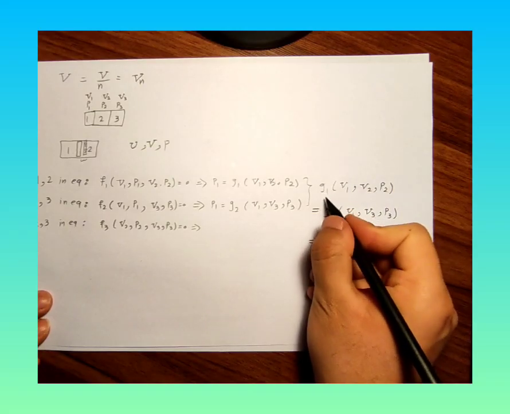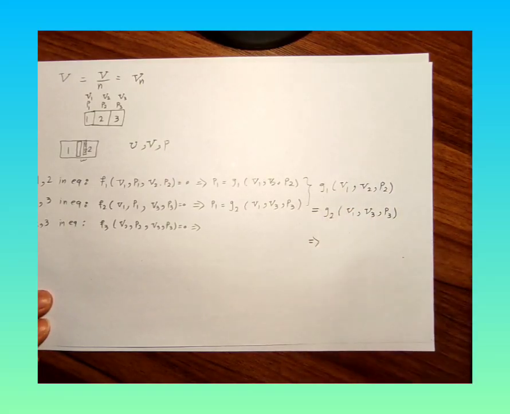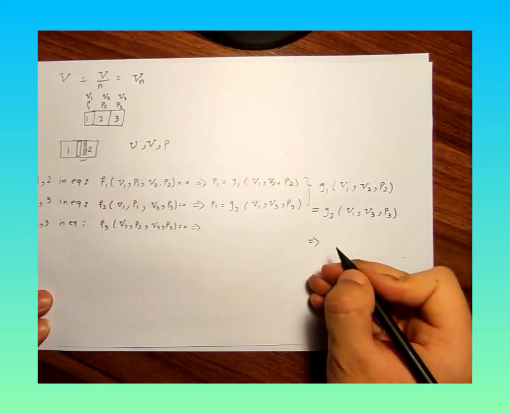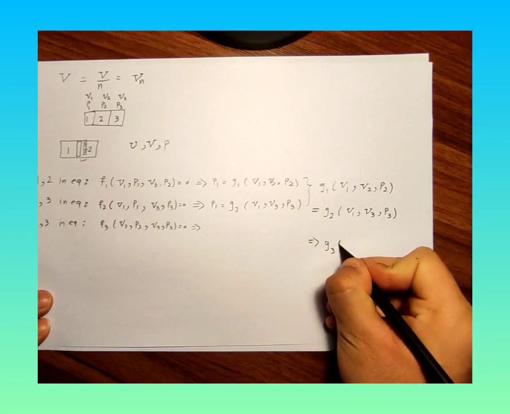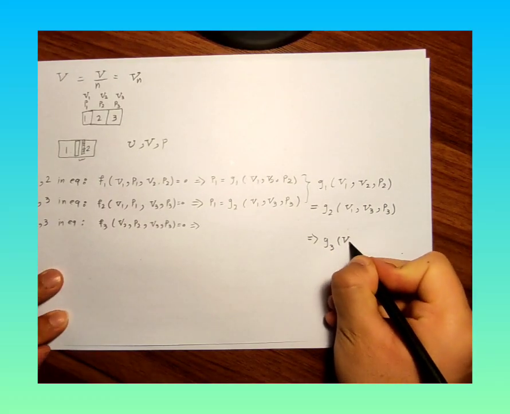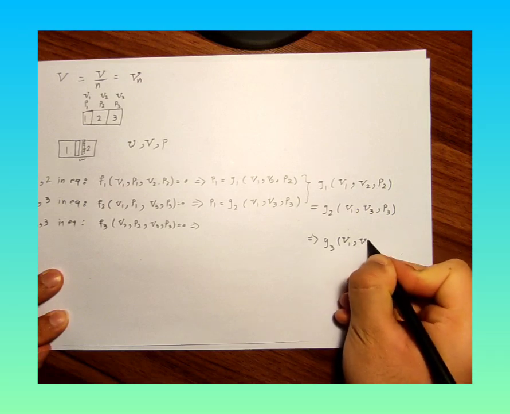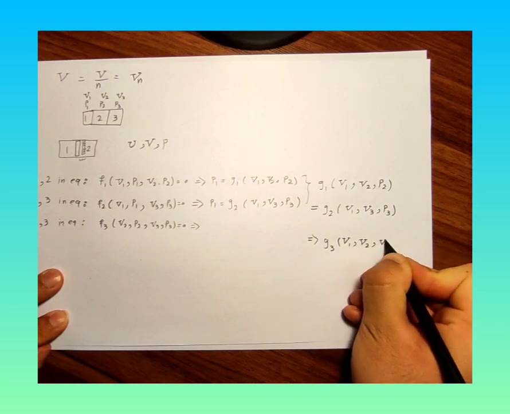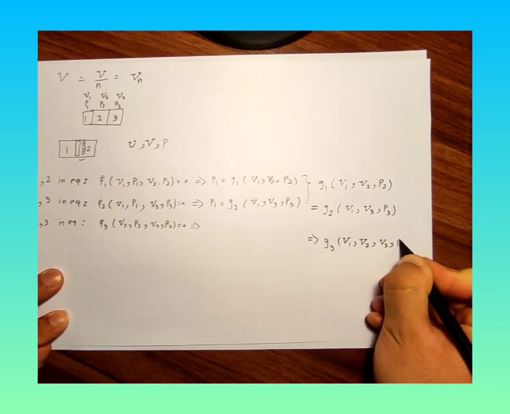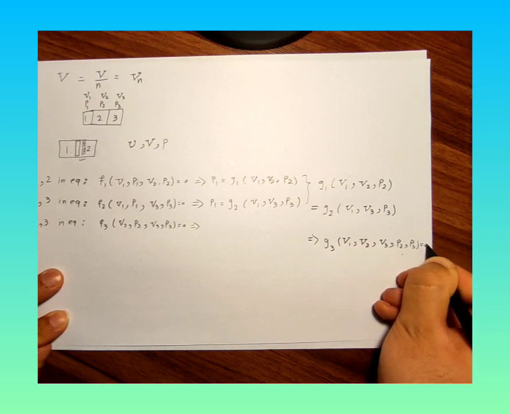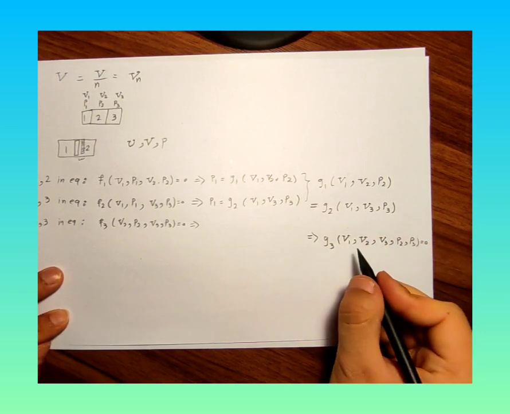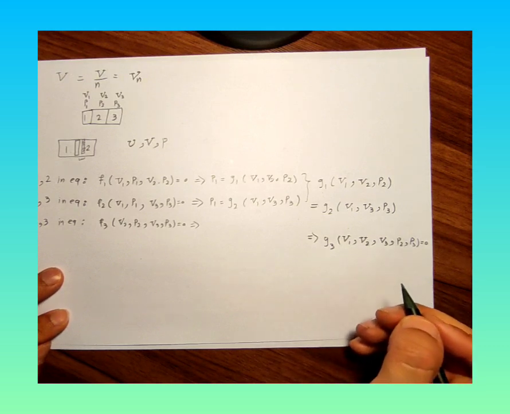When we have this equality here, actually we have another function of V1, V2, V3, P2, P3. This is another relation between these 5 quantities.